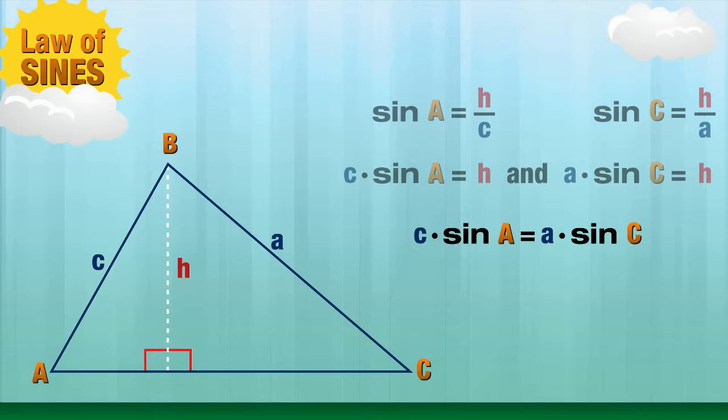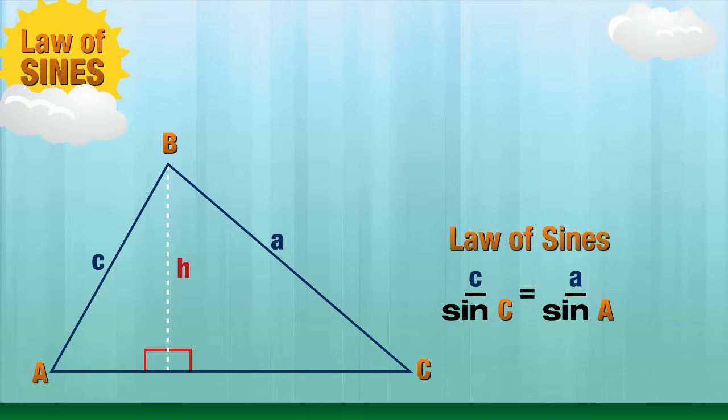Rearranging the equation, we get the length of side c divided by the sine of angle C is equal to the length of side a divided by the sine of A. This is called the law of sines. Here's a cool thing. After all that algebra, h isn't even part of the equation anymore.